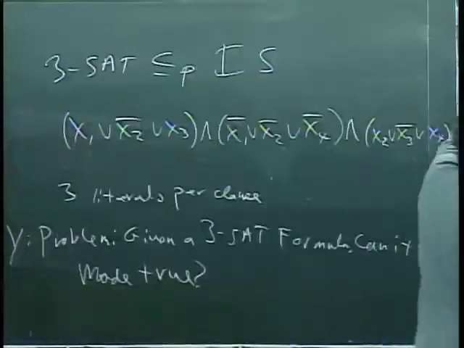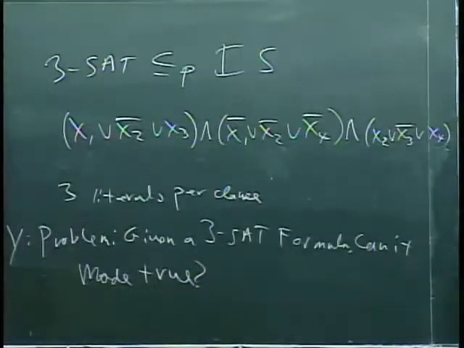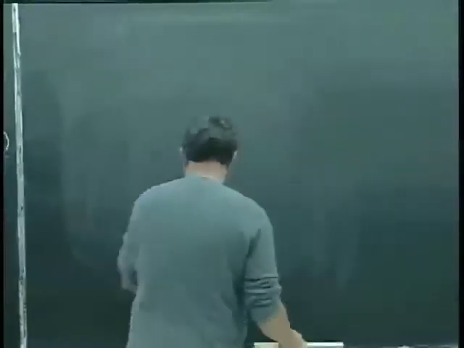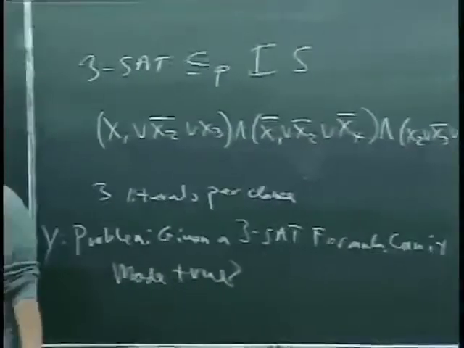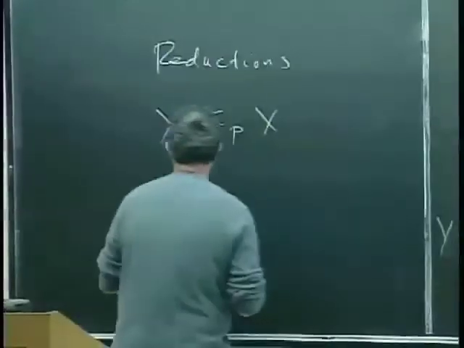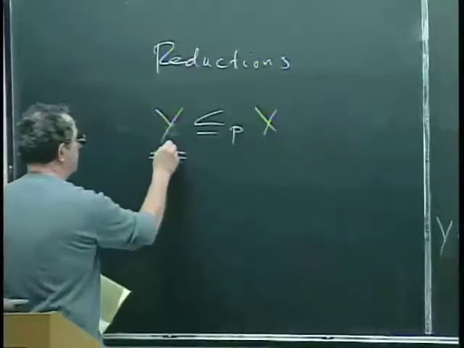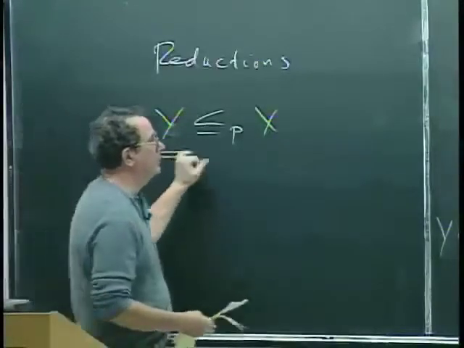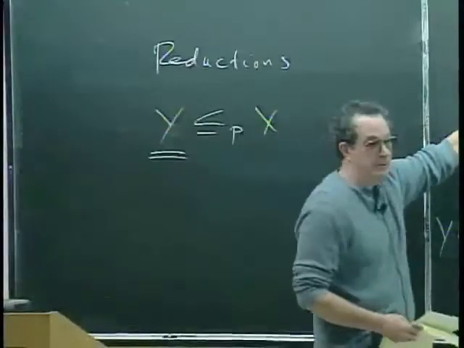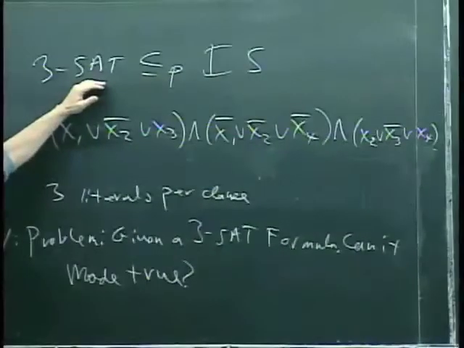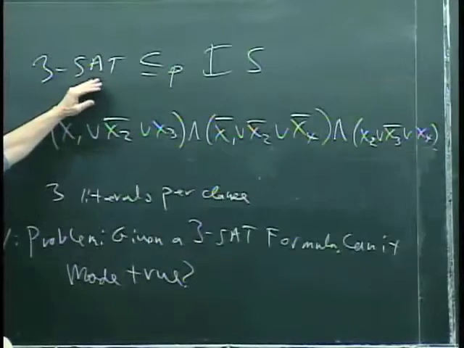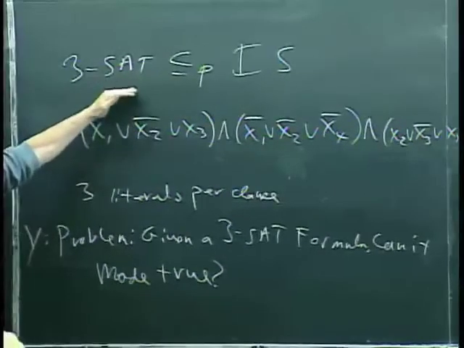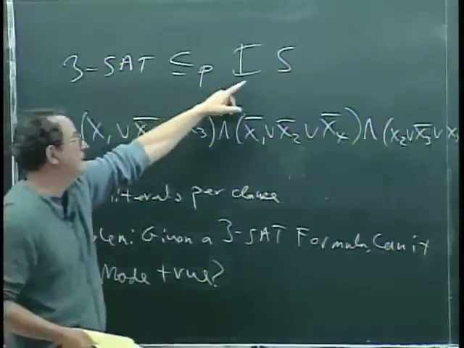So, to do the reduction, last time we had a formal definition of what reductions mean. Essentially, it means that I have a polynomial time algorithm that does some work that can take in any input, any instance of problem y. So here we're going to take any instance of the 3-SAT problem, and it's going to do some polynomial time work and create one or more instances of the independent set problem.